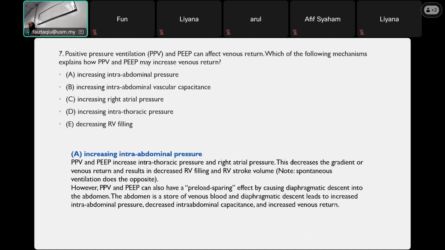Because PPV increases the intrathoracic pressure and the right atrial pressure, but decreases the gradient of the venous return and results in decrease of the RV filling. However, PPV and PEEP also have an effect by causing the diaphragmatic descent into the abdomen. The abdomen is a store of the venous blood, and diaphragmatic descent leads to increase of the intra-abdominal pressure and subsequently increases the venous return. All right.